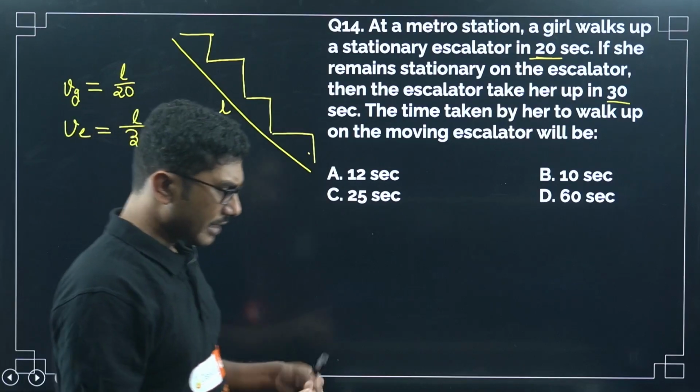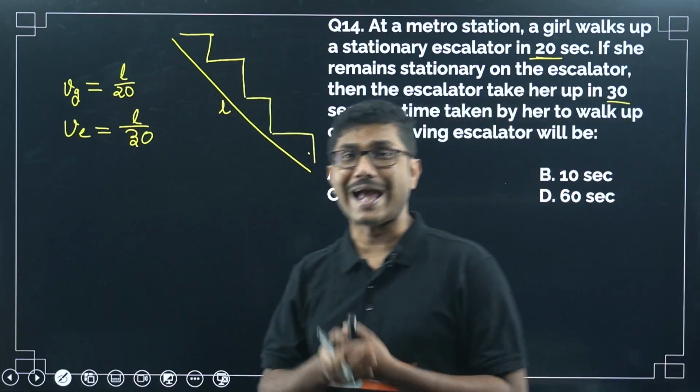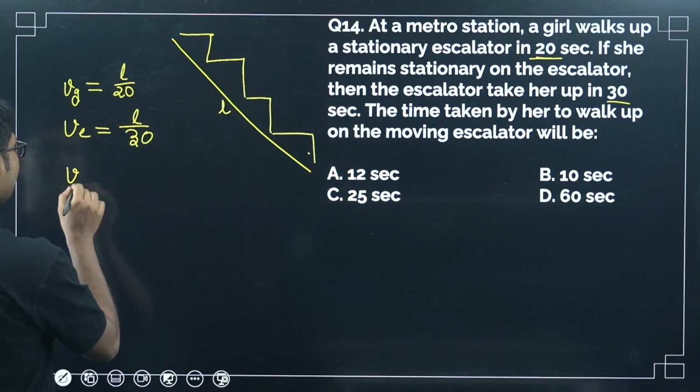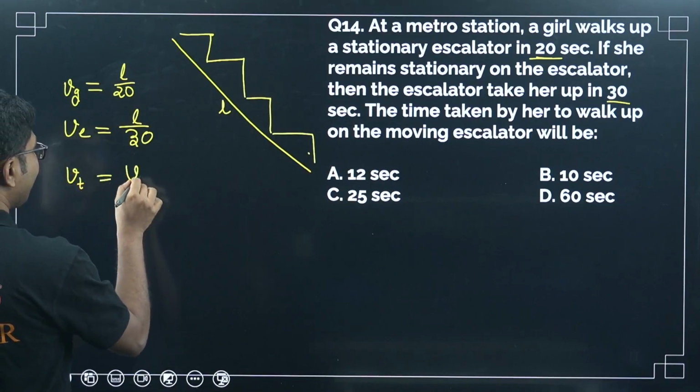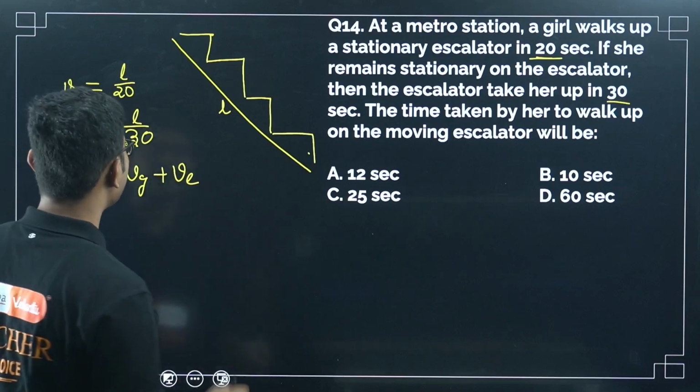Now when the escalator is moving, girl is also moving, so their velocities will add up. When both of them are moving, the total velocity is nothing but Vg plus Ve. Okay, this is the total velocity, so let's add them.